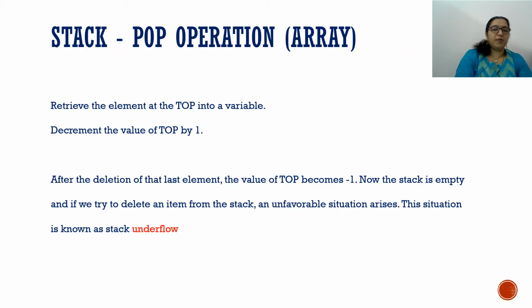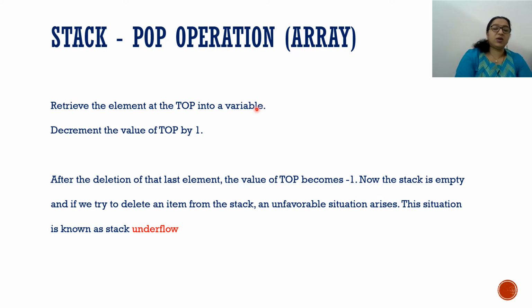Before implementing this, I put some important points for the pop operation. First one is retrieve the element at the top into a variable. What is top? Top is a variable focusing on the topmost element of the array. So just retrieve that value and store it in a variable just to see which element is on the top.